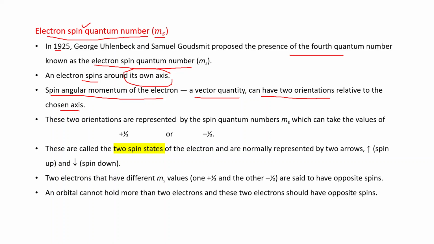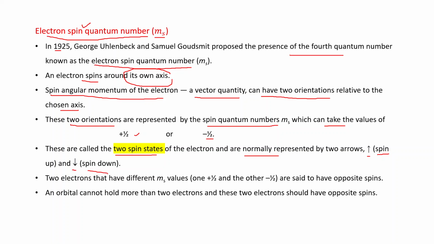That's why 2 orientations are possible, and these 2 orientations are represented by the spin quantum number ms, which can take the values of +½ or -½. These are called the 2 spin states of the electron and are normally represented by 2 arrows: an upward arrow, that is spin up, and a downward arrow, that is spin down.